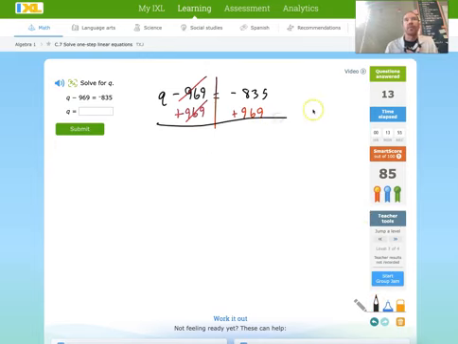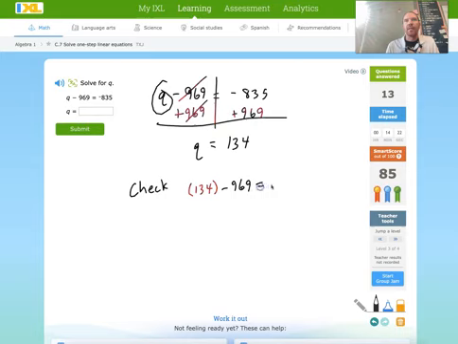And that's where you can grab the calculator there. Let's see here. It's not cheating, even though my stepdaughter might say so. I get 134 when I do that. So let's check. If we put 134 here and we subtract 969, do we in fact get negative 835?